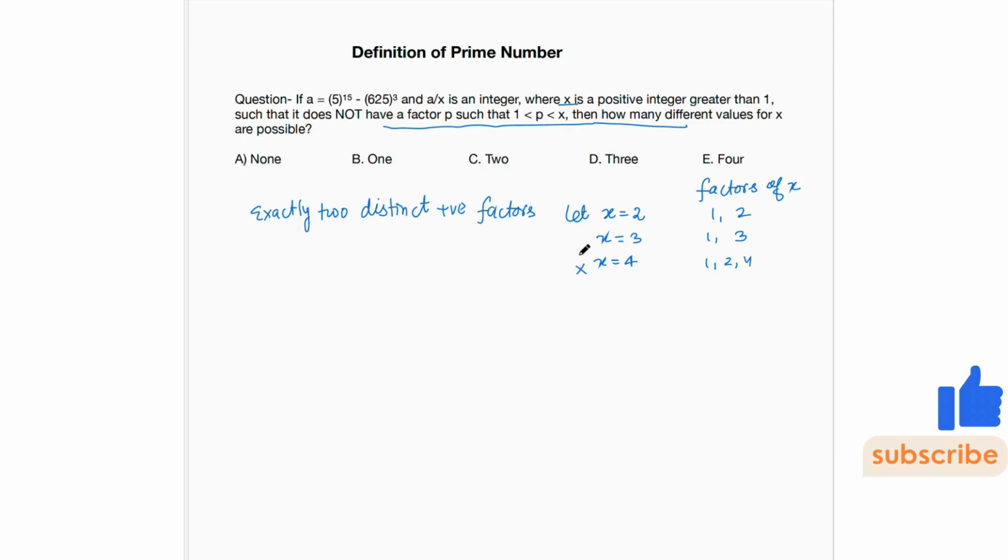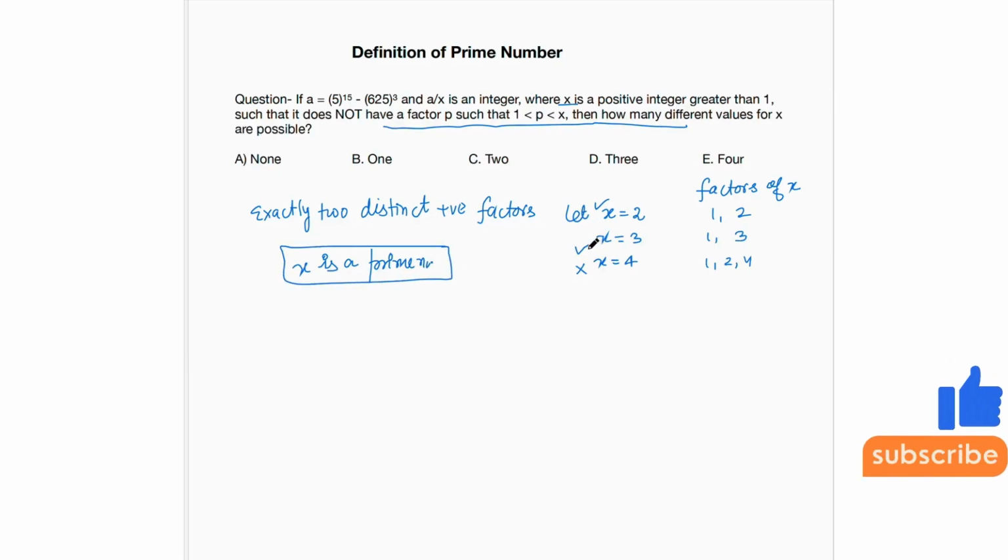So this doesn't work, this does, this does. So this complicated statement implies that x is a prime number.